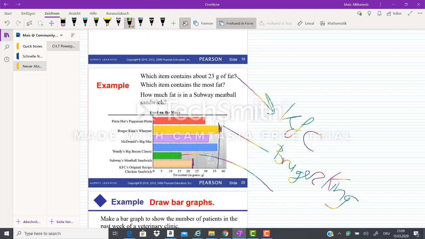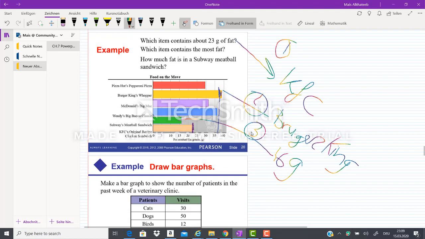Okay, now Subway contains about 16 grams of fat. This is the answer of the three questions: 1, 2, 3.